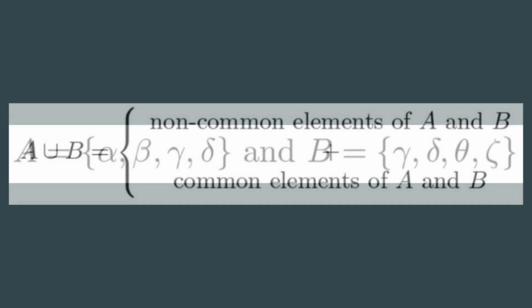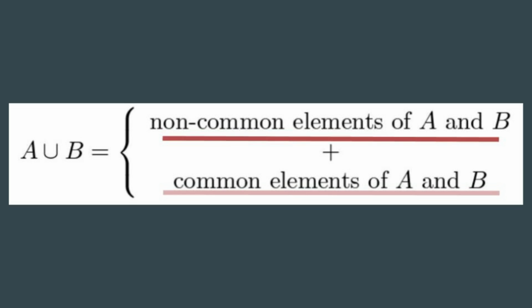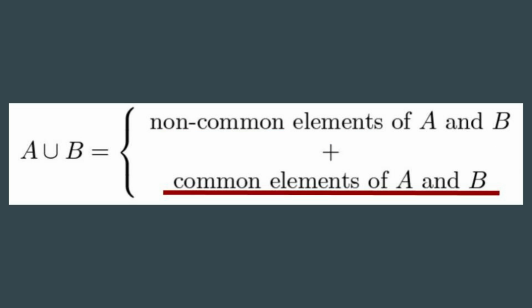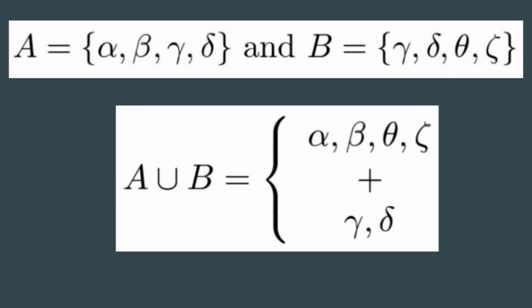Recall the definition. What A union B means? It means the non-common elements of A and B, and the common elements of A and B. Therefore, for these two sets, the non-common elements are alpha, beta, theta, zeta and common elements are gamma and delta. These are the non-common elements and these are the common elements.